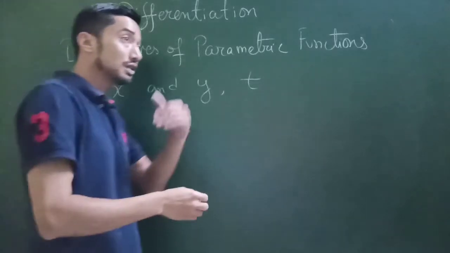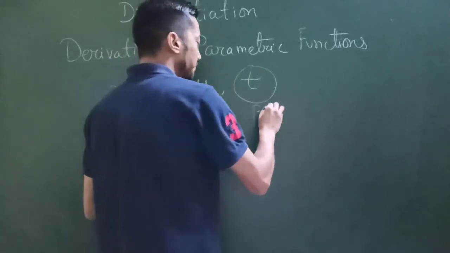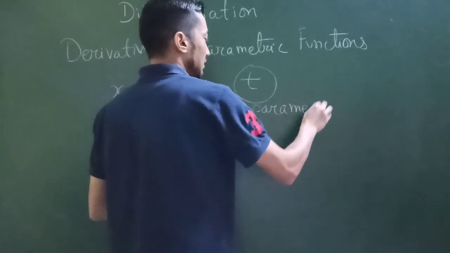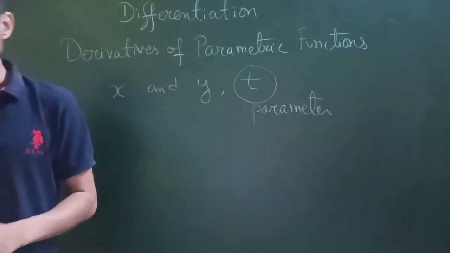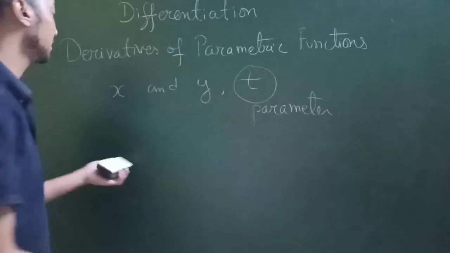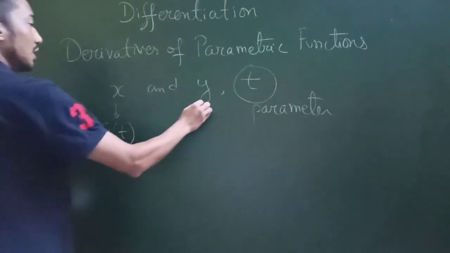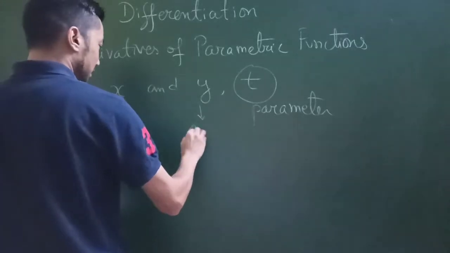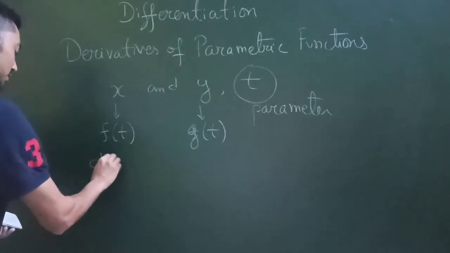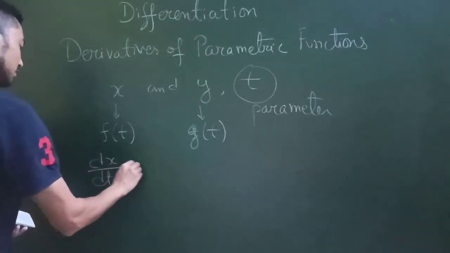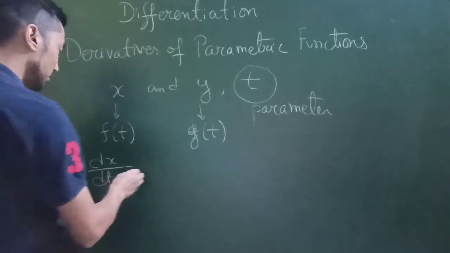That third party, that third variable, is called the parameter. For example, x is represented as f of t, and y is represented as g of t. So what do we do? We differentiate with respect to the parameter only. We have to identify the parameter. That becomes very important.